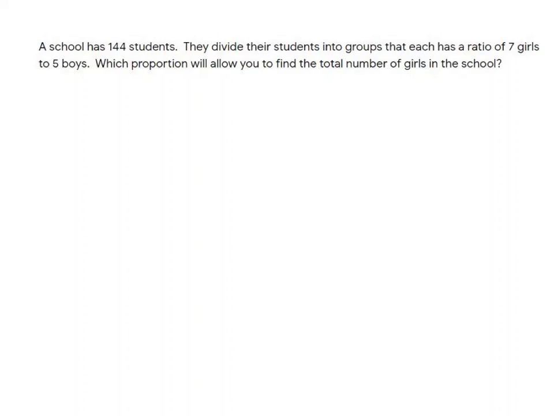All right, so the question is, which proportion will allow you to find the total number of girls in the school? So I'm going to define right now x equals number of girls in the school. Now, when I write my proportion, I need to organize it in such a way that it makes sense.